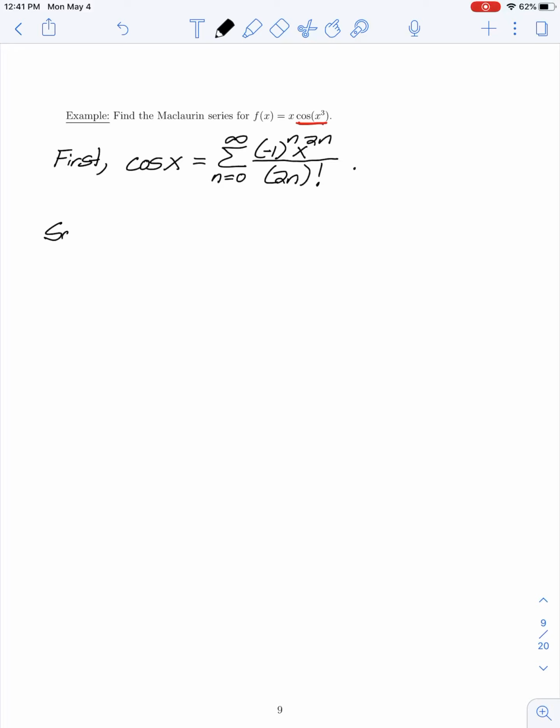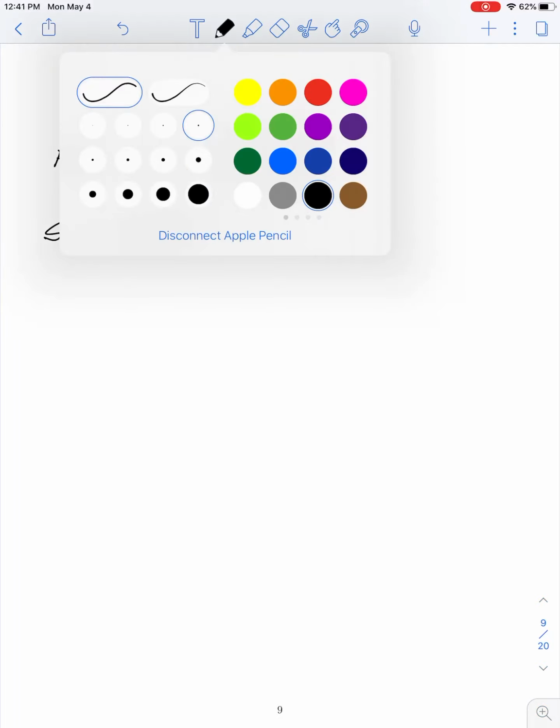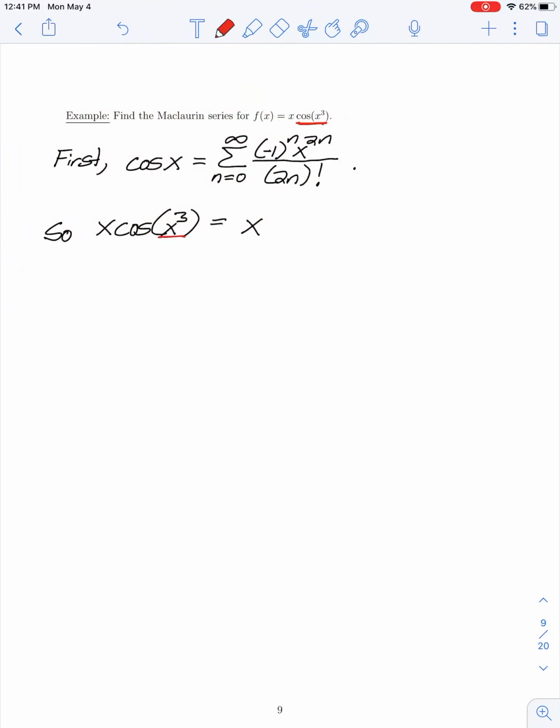So if we're interested in the function x times cosine of x cubed, well, let's start by replacing our x in the Maclaurin series for cosine by x cubed.